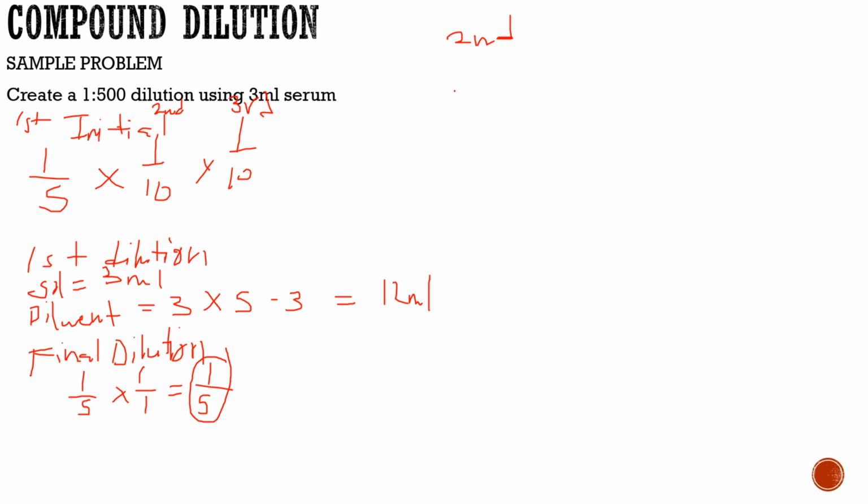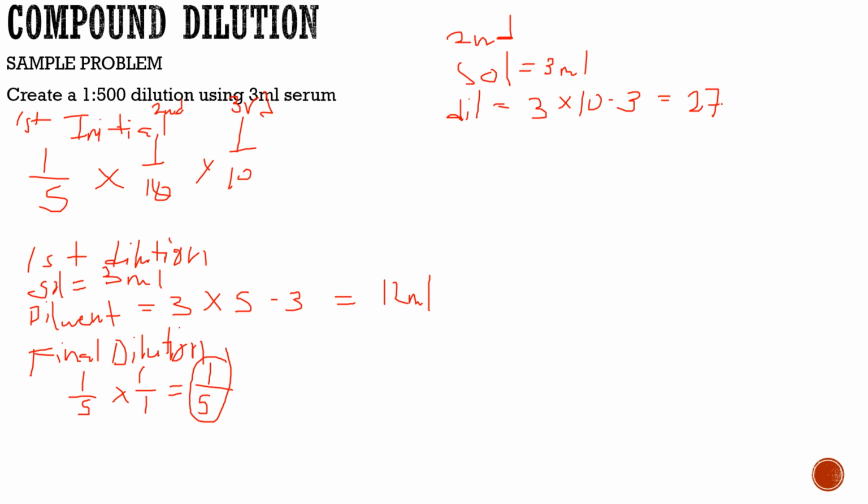So second tube class, first get the solute 3 ml, get the volume of the diluent. So solute times the total volume, which is 10, minus the solute. So 3 times 10 minus 3.